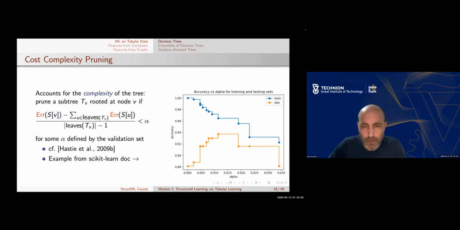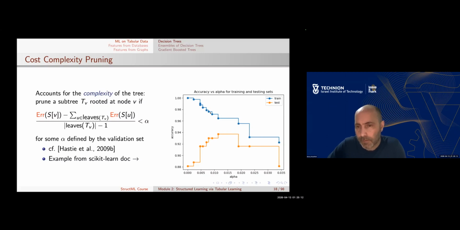You can see here an example from the documentation of scikit-learn, where you're basically asking, what should alpha be? If I'm using an alpha that is low, then I'm losing a little on the training examples, but I'm starting to gain on the test because I'm doing less overfitting, right? I'm reducing my variance.